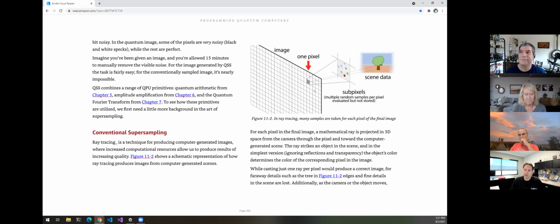Then he gets back into talking about what super sampling is like. So again, we've got this large scene, we've got this array of pixels, and you're picking one pixel. What they typically do is cut up the scene into a set of squares or grids, and he calls those subpixels.